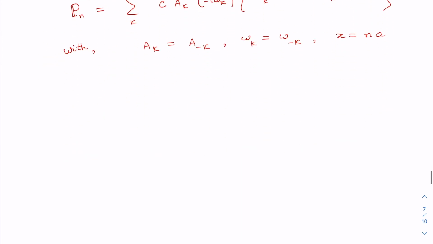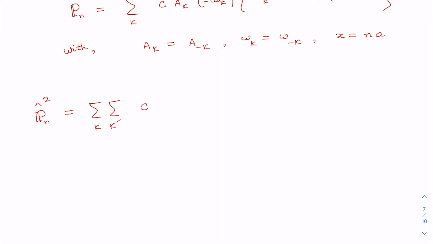So first let me expand p_n squared. We will now have two sums over k's; let us say one is k dash and another is k.